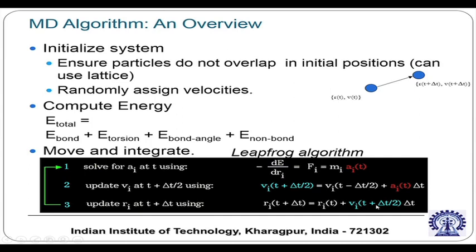So you have marched from time t to t plus delta t by 2, so half the time step you have marched, and then the remaining half you march as you find out r at t plus delta t is equal to r at t plus V at t plus delta t by 2 into delta t.